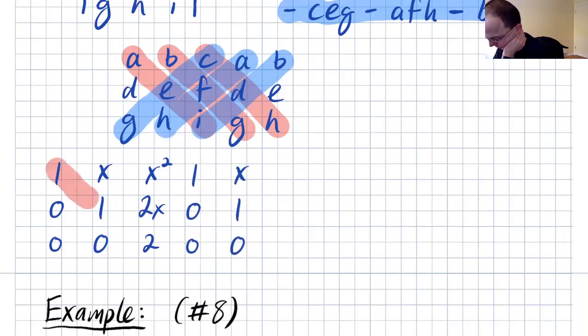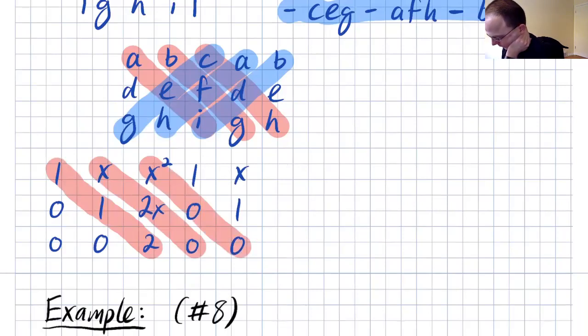We get 1 times 1 times 2, x times 2x times 0, x squared times 0 times 0. And then we have the other direction as well: x squared times 1 times 0, 1 times 2x times 0, and x times 0 times 2.